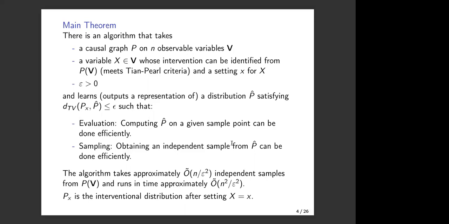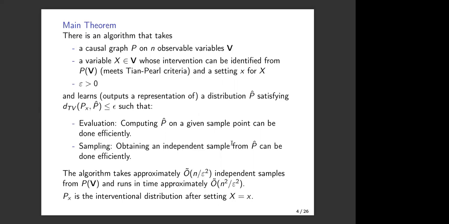We give an algorithm which takes a causal graph with n observable variables and another variable x which you want to intervene. When you intervene on that, you get what we call an interventional distribution, and that variable should meet the Tian-Pearl criteria, which I'll explain.